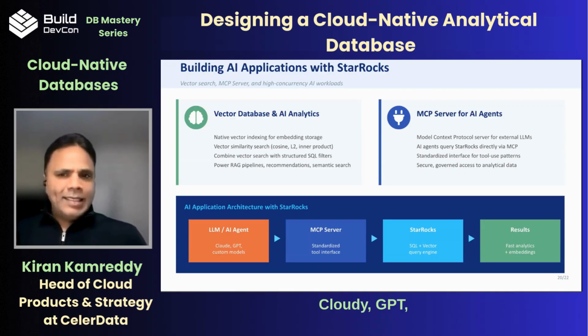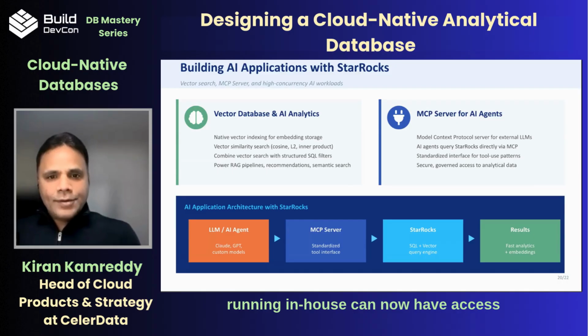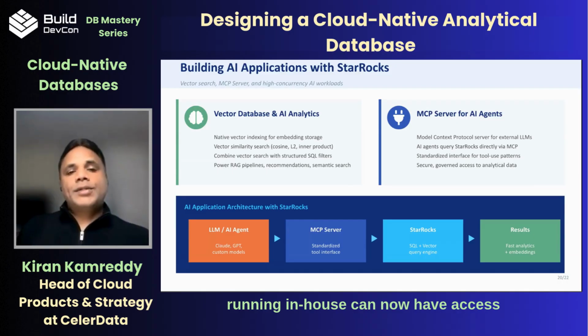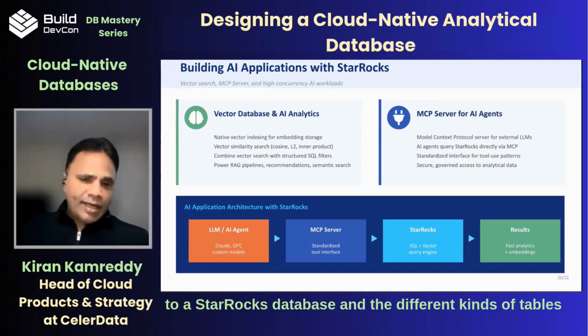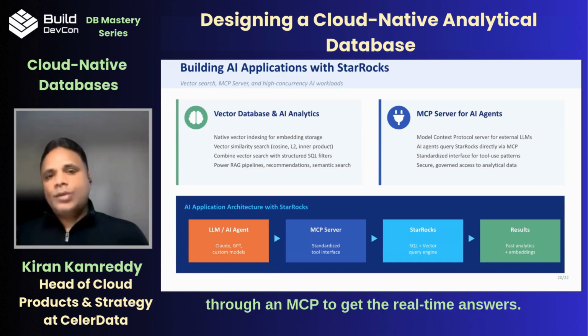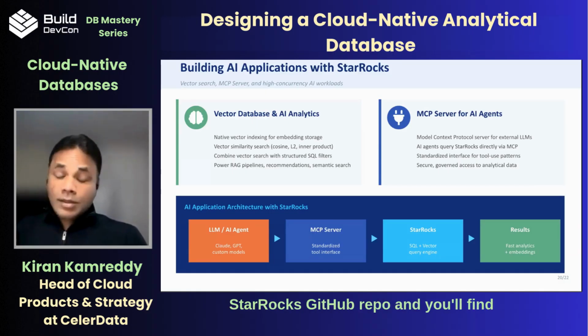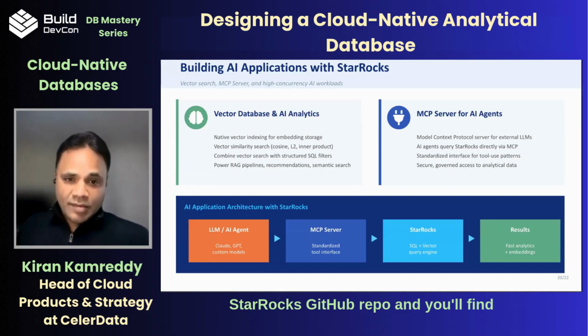Claude, GPT, or any AI tool that you may be running in-house can now access a StarRocks database, its tables, and all of the data inside it through an MCP server to get real-time answers. Our MCP server is out there on GitHub. You can check the StarRocks GitHub repo, and you'll find the MCP server there.